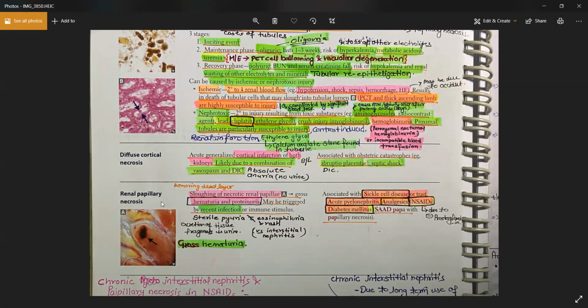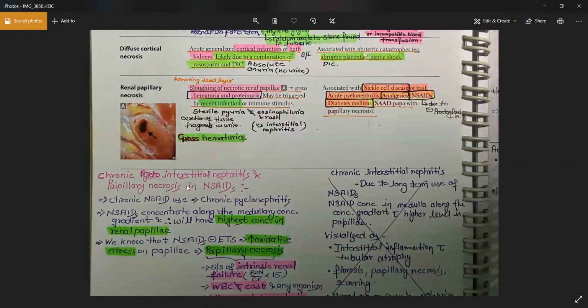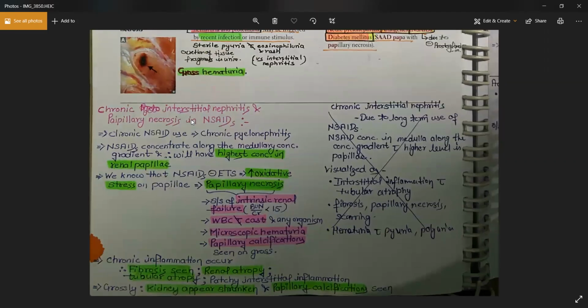Now, whenever you have papillary necrosis because of this accumulation, we know that NSAIDs can inhibit the electron transport system. Aspirin, remember? So aspirin can inhibit the electron transport system, and that will put the cell under oxidative stress, and that oxidative stress can cause papillary necrosis.